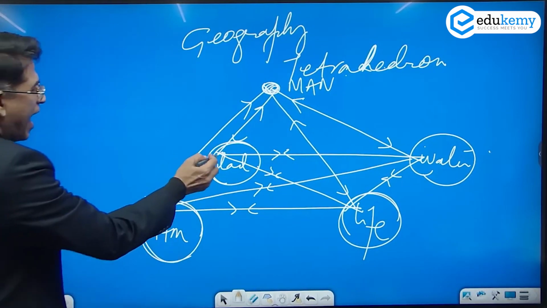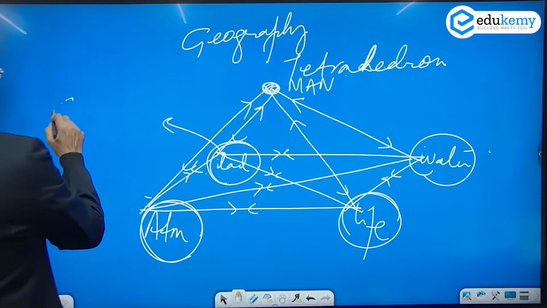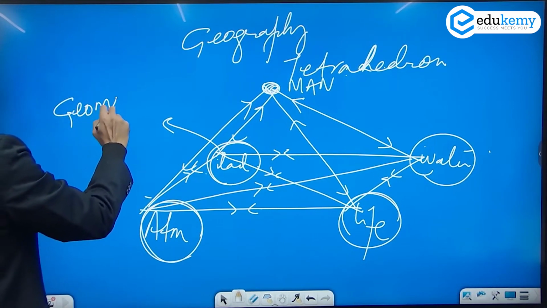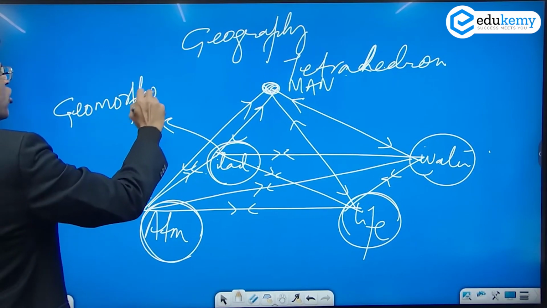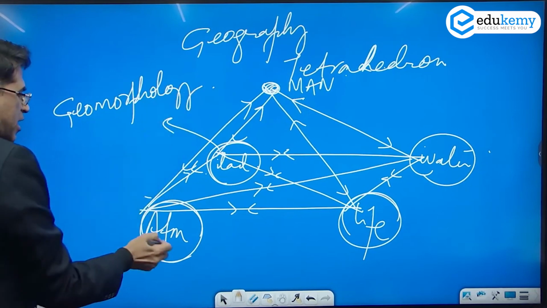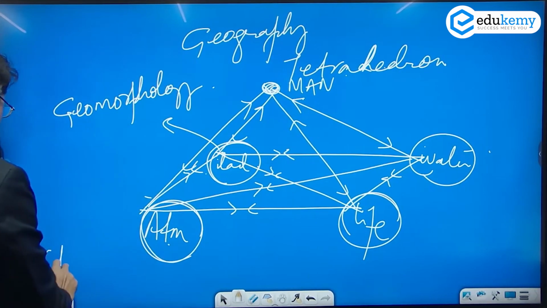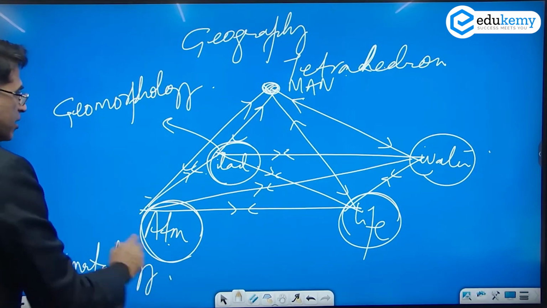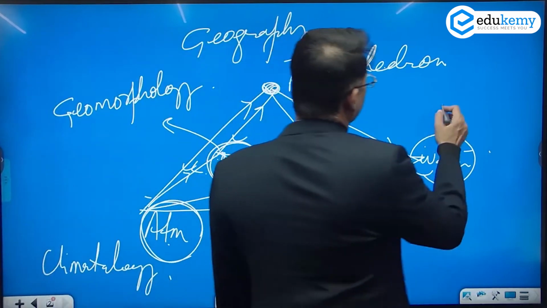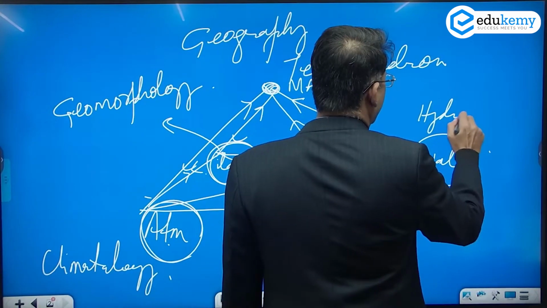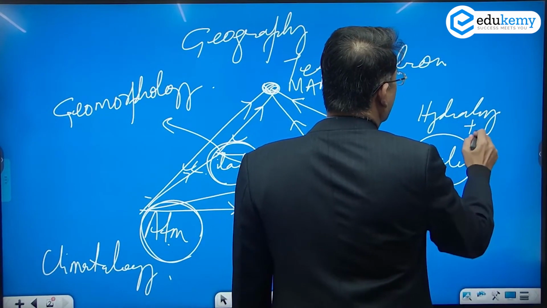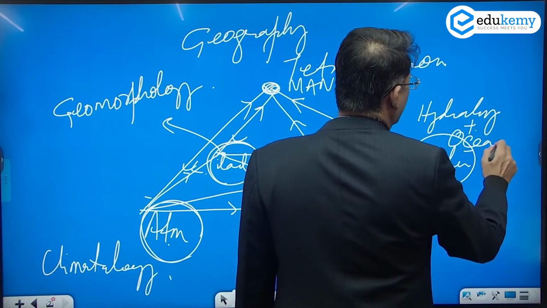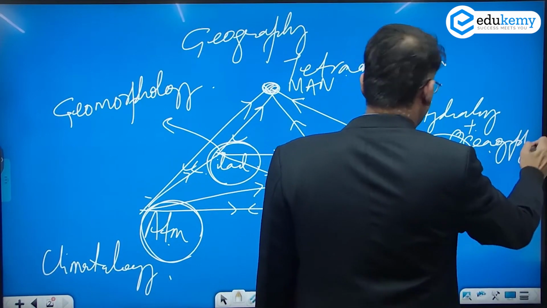The study of land is what becomes geomorphology. I'm sure you've heard this term. The study of atmosphere is what becomes climatology. The study of water is hydrology, but because the bulk of the water is oceans, we call this oceanography.